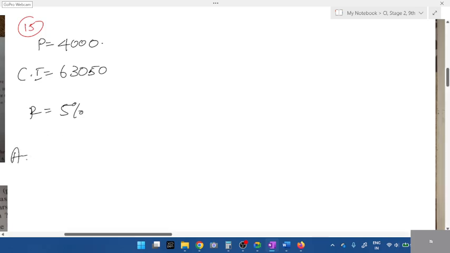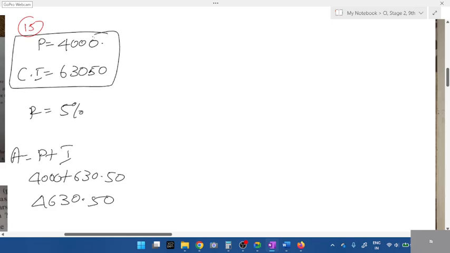What is amount? P plus. Okay, so we can use. See, remember this. Whenever principal and compound interest is given, you can either find compound interest first. If not, you can find amount. Amount will be easy to solve. So amount is equal to principal is 4000.